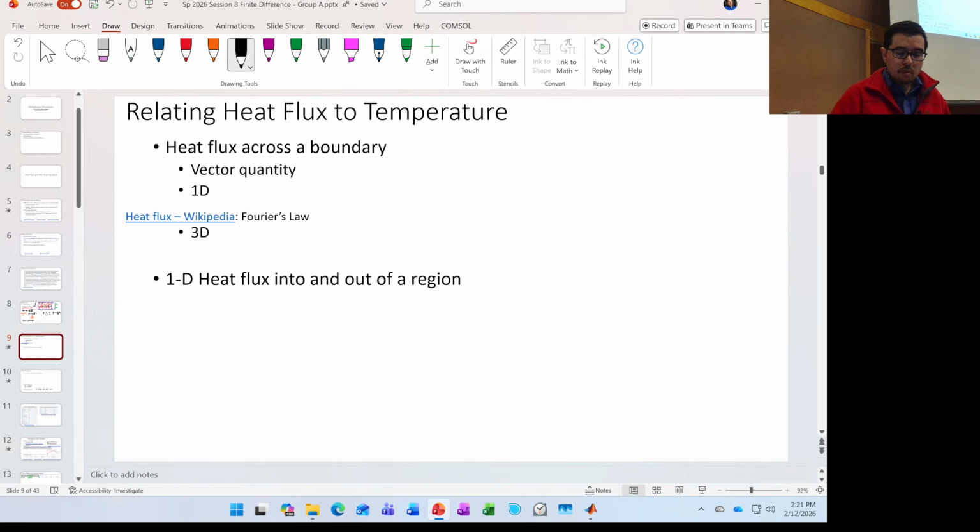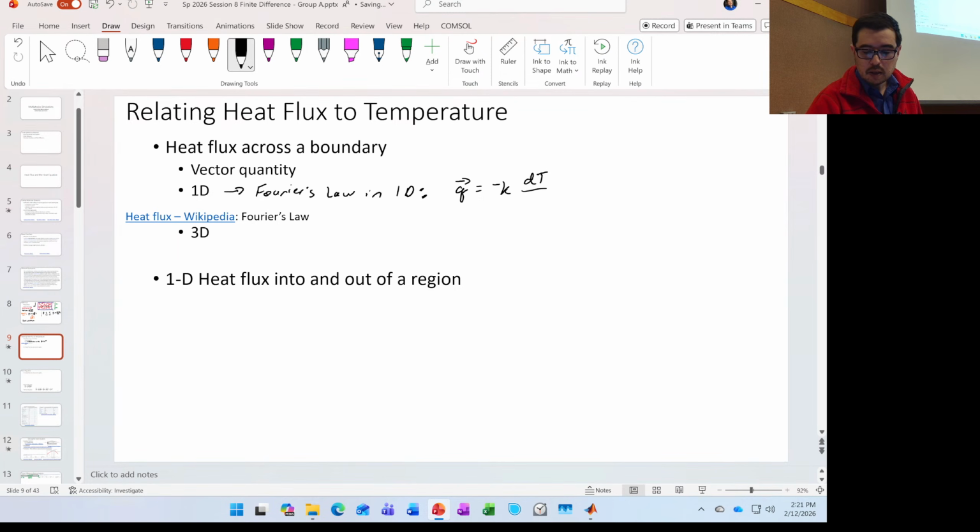In 1D, we've now written our Fourier's law, right underneath there. It's just q equals minus k dT/dx in an i direction. We've gone through thermal conductivity.